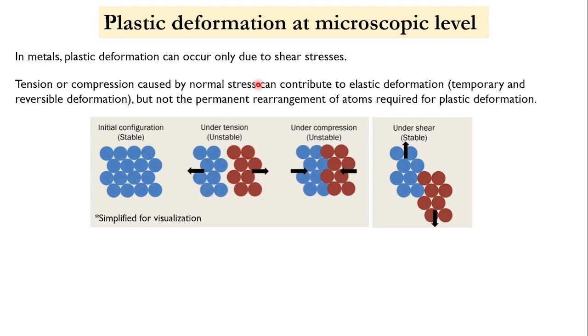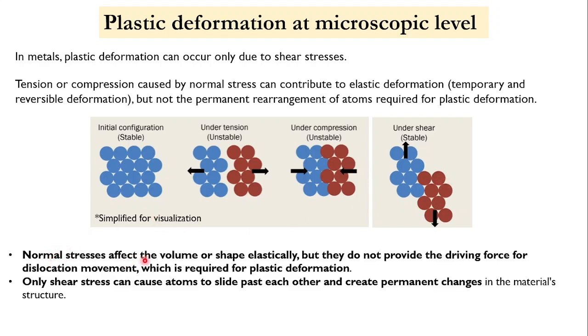So if we remove the load, that is why it causes elastic deformation. But if we look at the shear deformation, if we pick this set of atoms, it looks just like the initial one. That is why it is called the stable deformation. The stable arrangement of atoms is again being achieved.